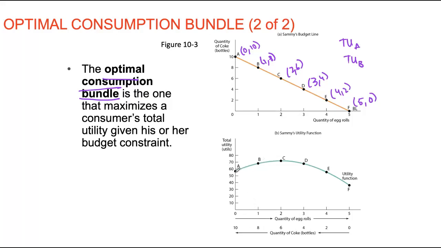So anyways, here we have charted out the total utility for each consumption bundle, and you can see bundle C is our optimal consumption bundle. Bundle C is the one where we have consumption of 2 egg rolls and 6 Cokes, and this is our optimal. So this is our utility maximizing consumption bundle given our budget constraint or given our consumption possibilities.